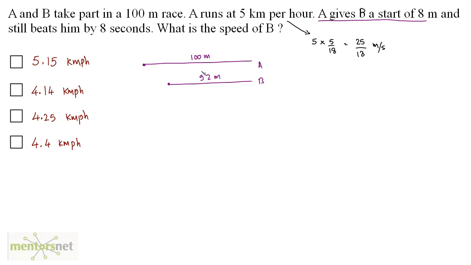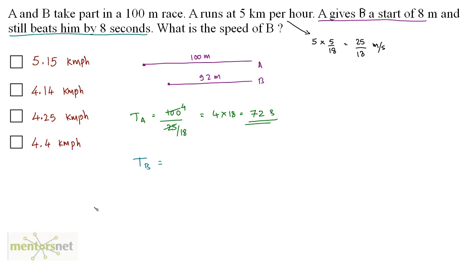So we've got the distances traveled by A and B now. Let us calculate the time taken by A to complete the race. Time taken by A is equal to distance upon speed. The distance is 100 divided by speed 25 by 18. 25 times 4 is 100, so this is equal to 4 times 18, and that is 72 seconds, the time taken by A. Now let us calculate the time taken by B. It has been said that A beats B by 8 seconds.